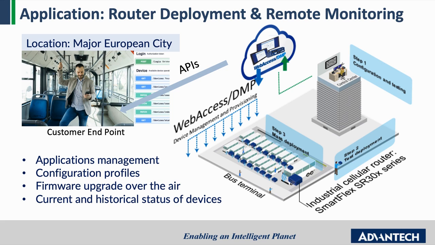As each bus is fitted and the cellular routers are turned on, they automatically make a connection to the server-side infrastructure software, which is WebAccess DMP. WebAccess DMP then deploys pre-configuration settings, including applications settings and user module settings, for example, for things like GPS enablement. It deploys all of those things automatically from the central server side to each individual router as it is powered on, and the routers reside in each of those buses.